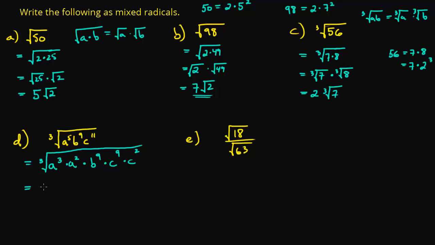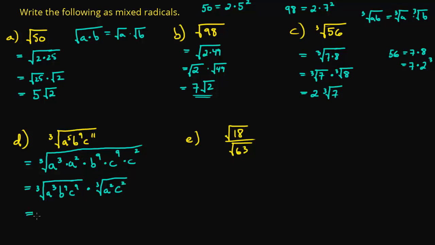This is equal to, well, let's think about this. I can rewrite this as the cube root of a cubed b to the power of 9 times c to the power of 9 times the cube root of a squared c squared.